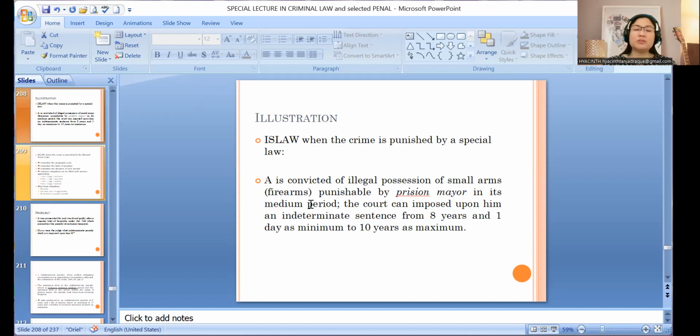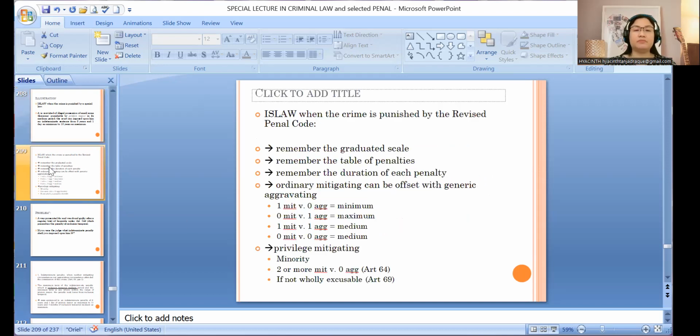The court can impose upon him an indeterminate sentence from 8 years and 1 day as minimum to 10 years as maximum. Remember that is the entire duration of prisión mayor medium.